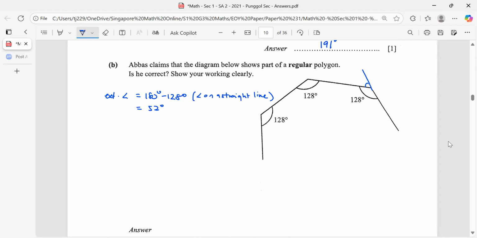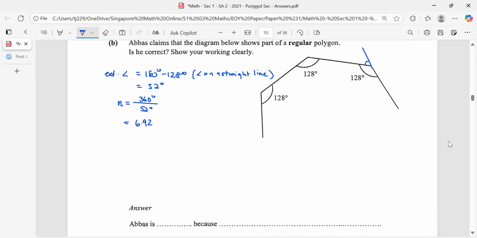Now, all exterior angles would make up 360 degrees. And if it is a regular polygon, we have a certain number of times of 52 that will make up 360 degrees. Okay, so let's find out and see whether n is a positive integer. So I will end up with 6.92, and definitely it is not a positive integer, right?